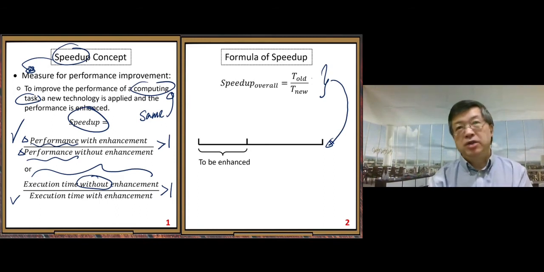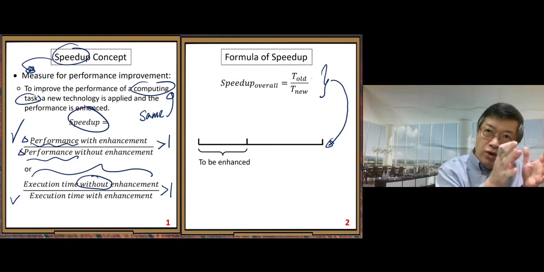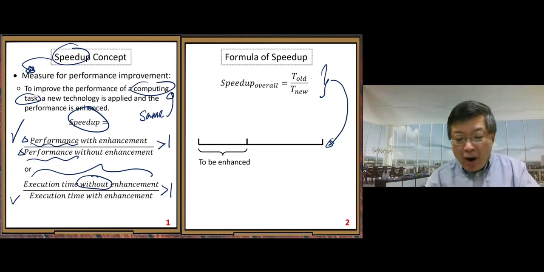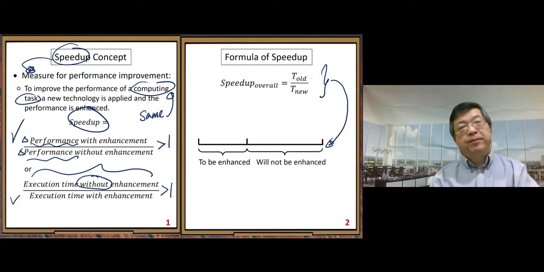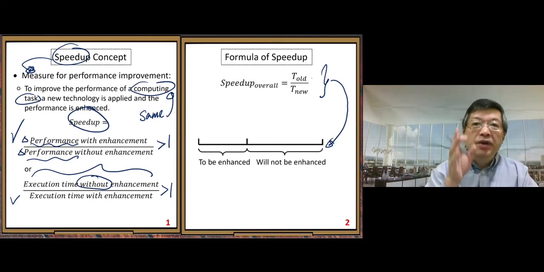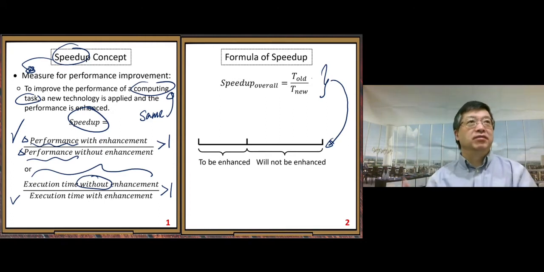It's almost impossible to enhance the whole part in a computing task. So more realistically, we can only enhance a portion of it, part of it. That is the first part, and then the remaining will not be enhanced. Only these two parts.